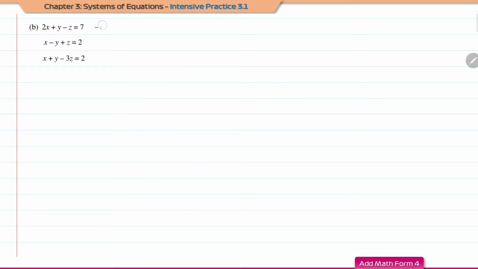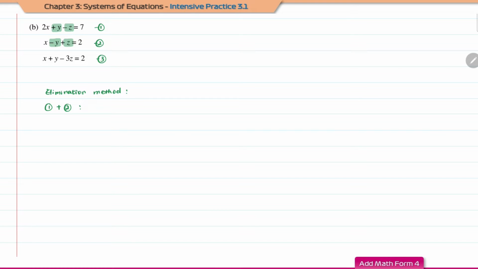Equations B. First, I'm just going to label these as equations 1 to 3. First, we're going to look at how to solve these questions using the elimination method. I'm going to look at equations 1 and 2, and I'm going to look at the variables y and z as they have the equal value. In order to eliminate these two, I'm going to use equation number 1 plus equation number 2.